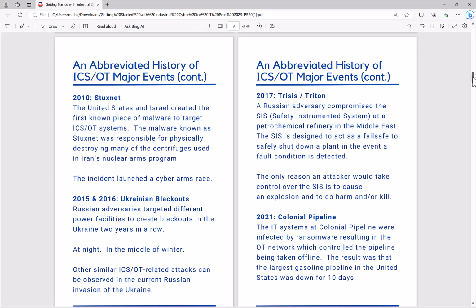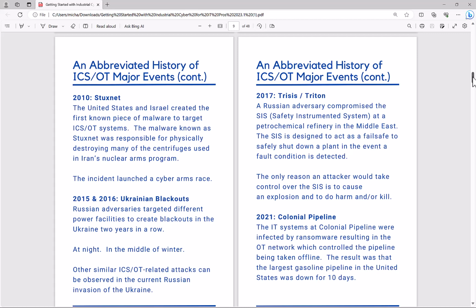So in this case, if that petrochemical refinery had some type of fault condition that could potentially lead to maybe an explosion, or maybe something would become physically damaged and the plant would crash down, the SIS kicks in when it has that fault condition and safely shuts everything down, so it prevents anybody from being hurt, it prevents the facility from being hurt.